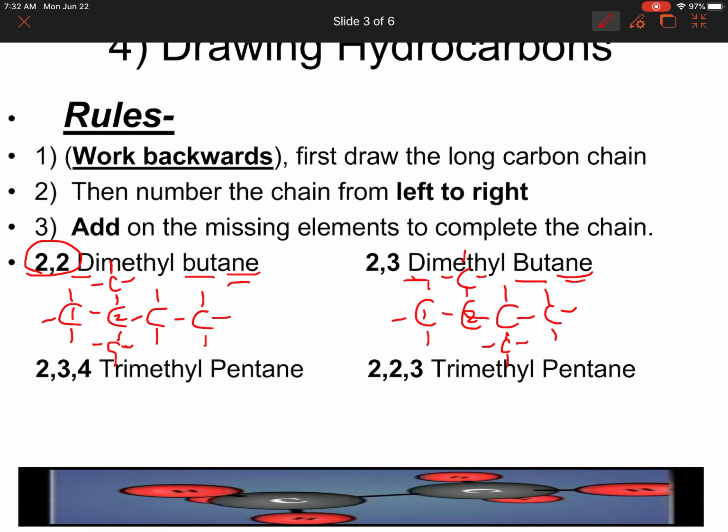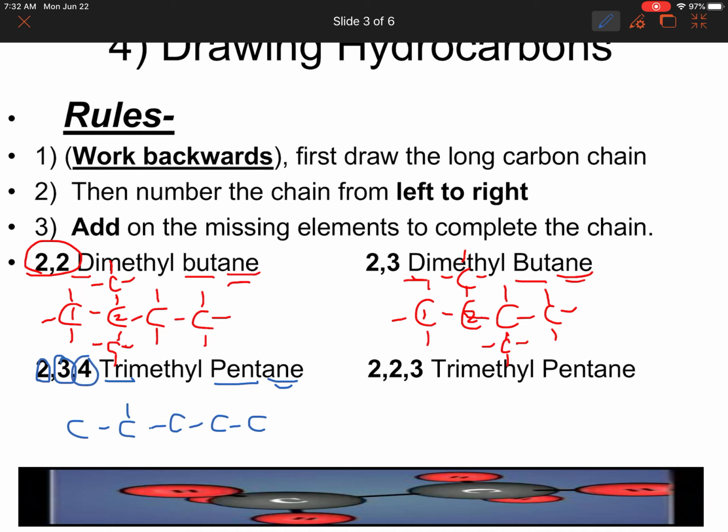And we're back. Pent means it's 5 carbons. 1, 2, 3, 4, 5. Ane means it's single bonds, which are there. Now trimethyl means it's 3 methyls, or 3 carbons hanging off the chain. Number 2, number 3, and number 4 carbon.